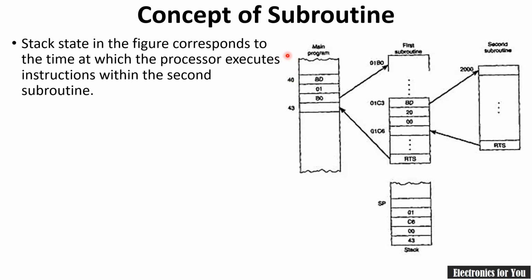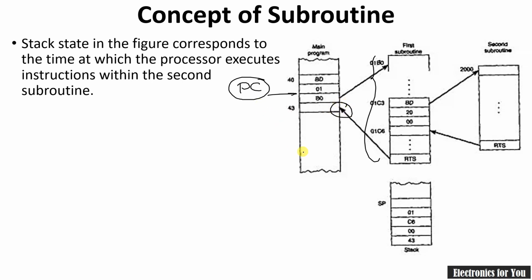In a subroutine, the program execution is shifted to some other memory location. That means the address of the program memory, which is generally stored in the program counter, is modified to the new address, and it has to come back to the next memory address.